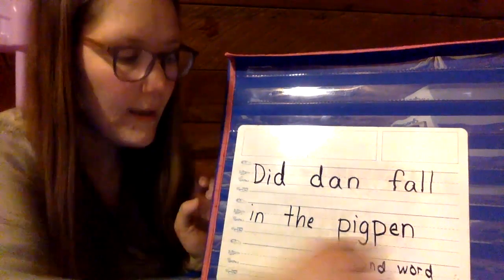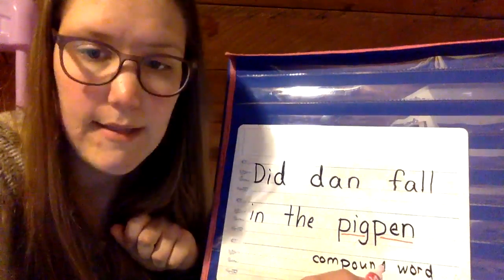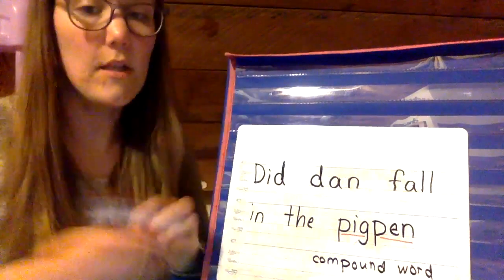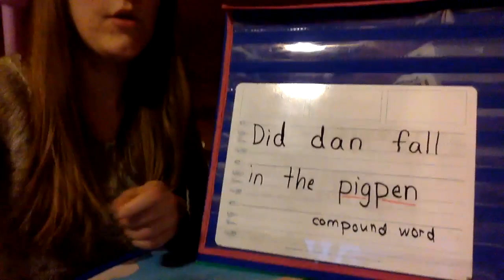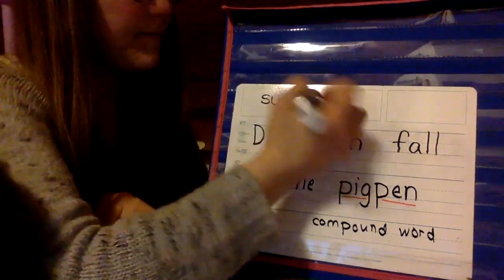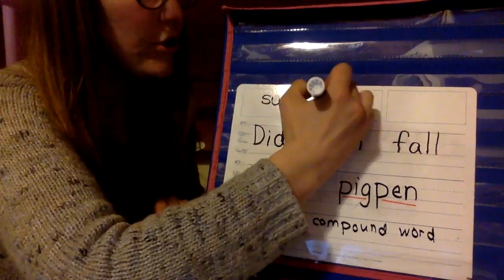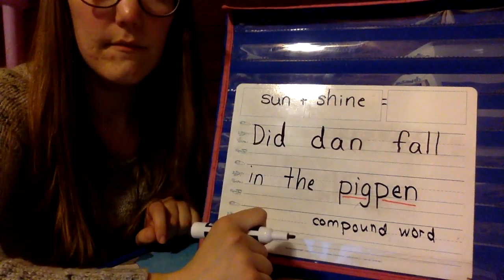So pig and pen, the word pig is a word all by itself. And the word pen is a word all by itself. And they come together to make pig pen. Now, there's a lot of compound words out there. A good example is sun plus shine equals sunshine.